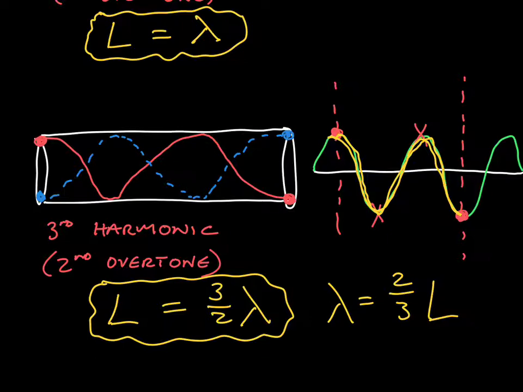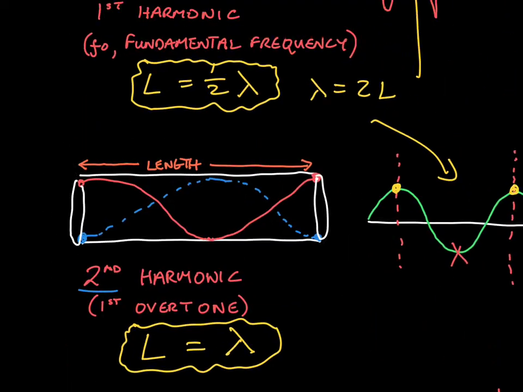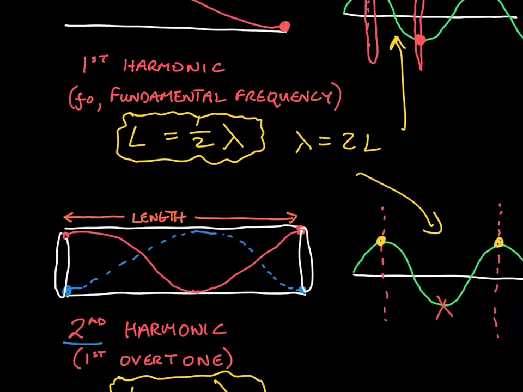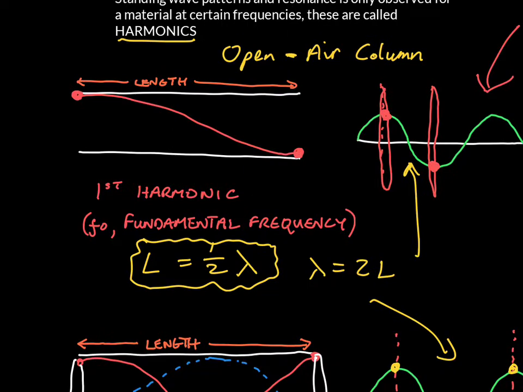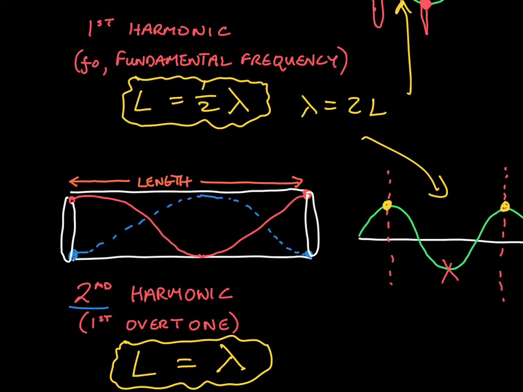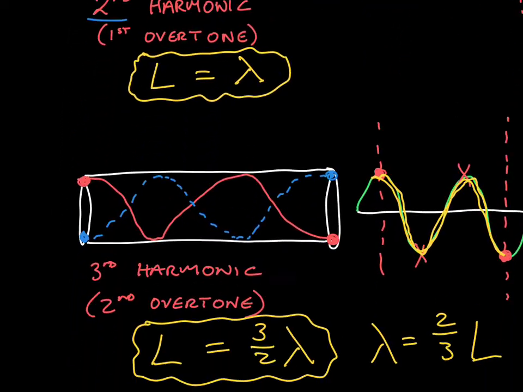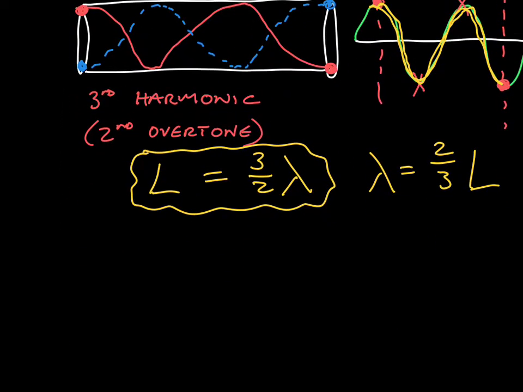So we're shortening the wavelength each time. When we move up the harmonics, we're getting a shorter wavelength and a higher frequency because they're inversely proportional. So what we're seeing, if you look at the yellow boxes, is L is equal to a half wavelength, L is equal to a wavelength, L is equal to 3/2 wavelengths. So you can see it's increasing by half a wavelength each time.